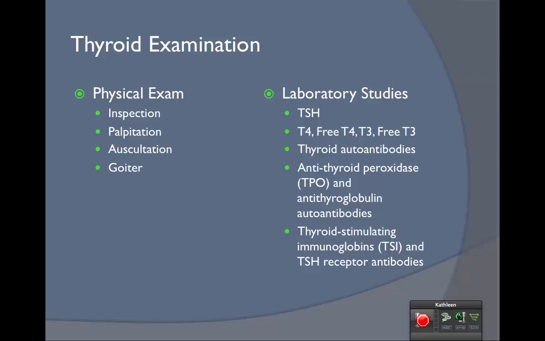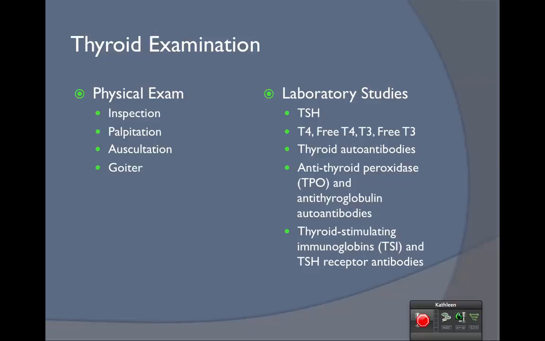The laboratory studies: you want to get a TSH, you want to get a T4, a T3. Do not get a total T3, T4. They're useless and they often come back falsely.